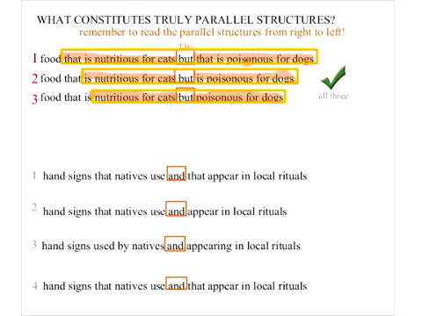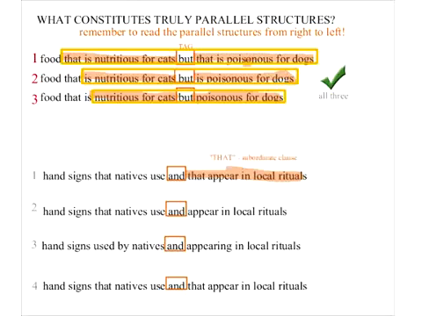So there's the tag, and that appears in local rituals. So let's analyze number 1, which is also the same as number 4. That's a that clause. All right, let's type that in. This is a that subordinate clause.